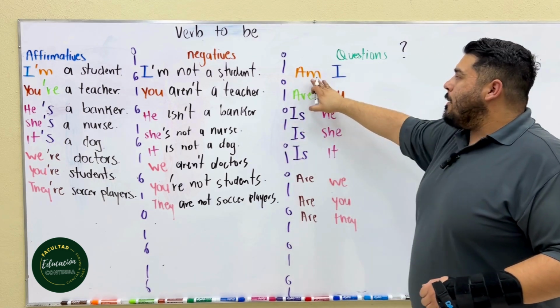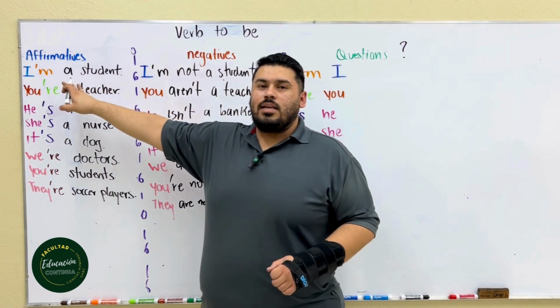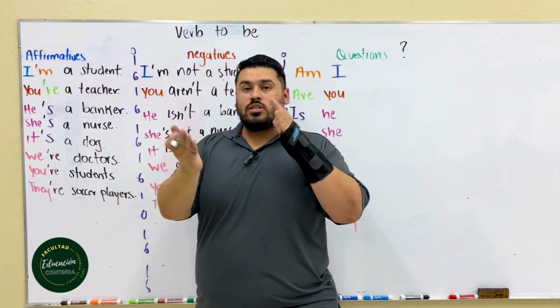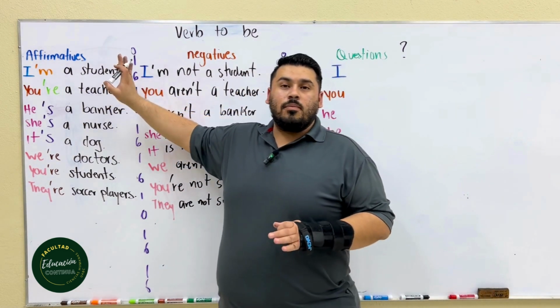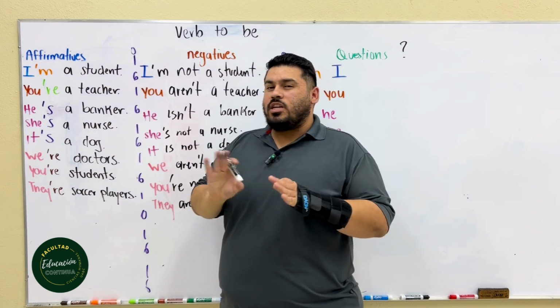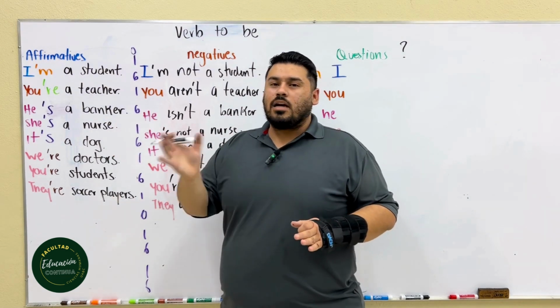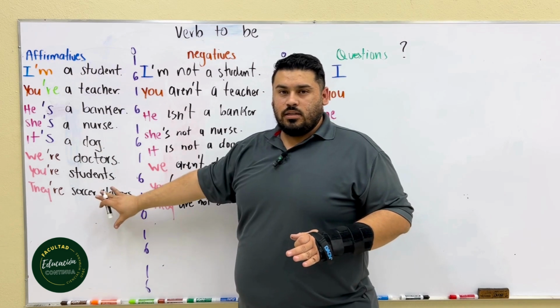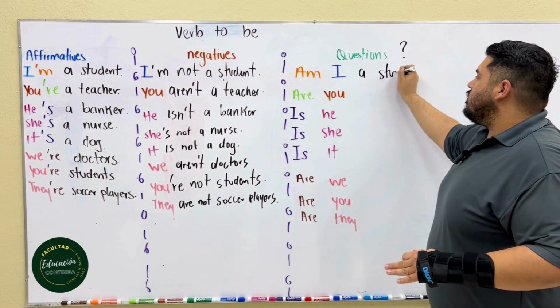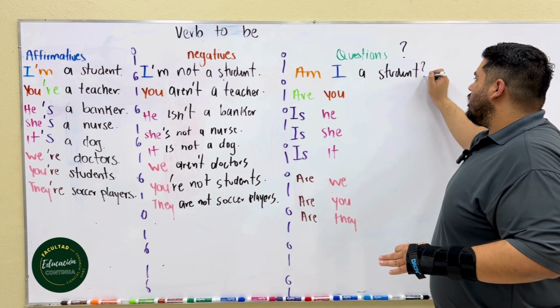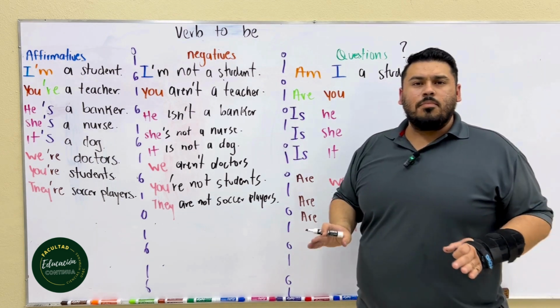So, am I? Remember, it says I am, so we're gonna switch a little bit. Am I? And the complement is gonna be the same, right? You don't need to change anything else. Just add the complement as is written in this way, right? So, am I a student? And that's all.